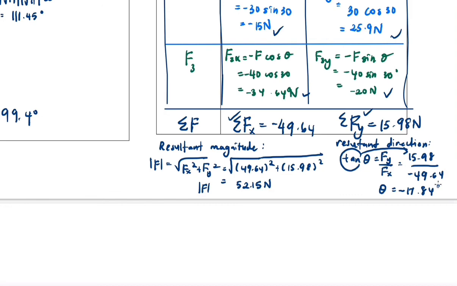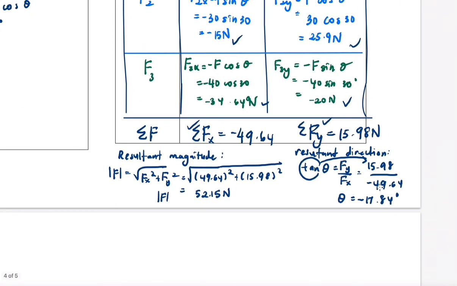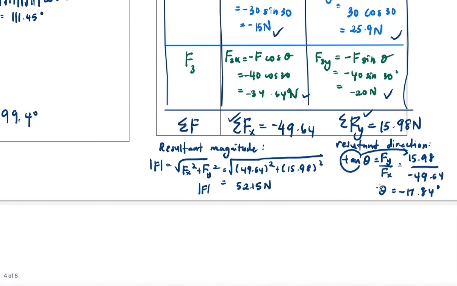Okay, negative 17.84 degree. Macam mana kita nak tahu di manakah vektor kita berada? This one is very important. Kita akan tahu daripada our sign dekat sini. So our y is positive dan our x is negative.